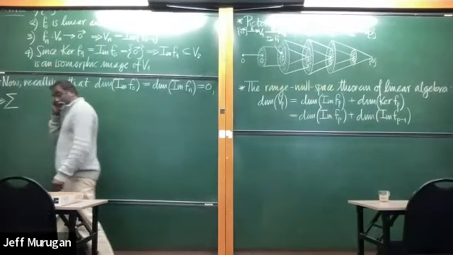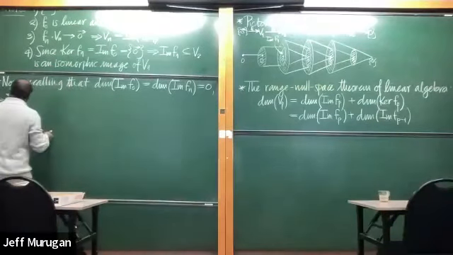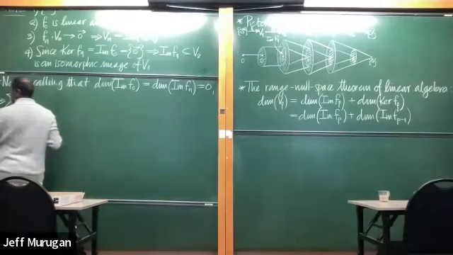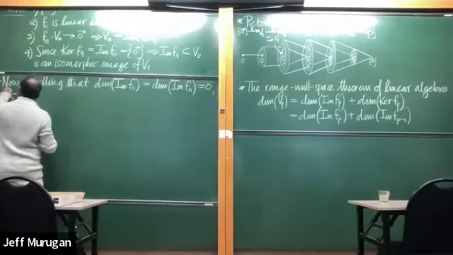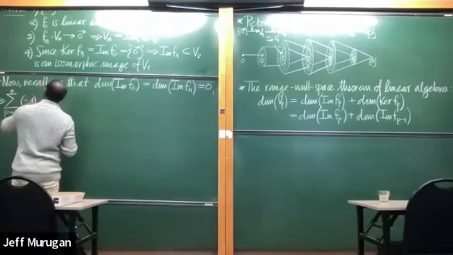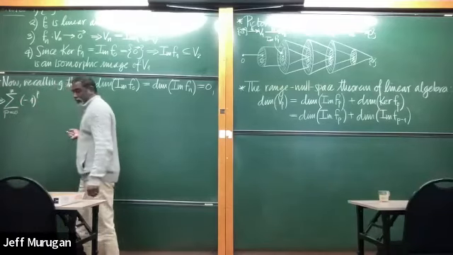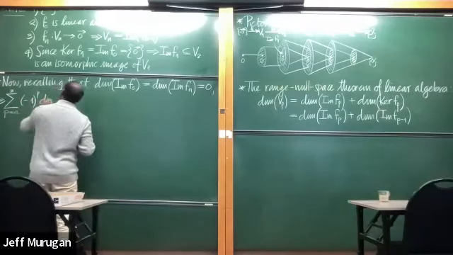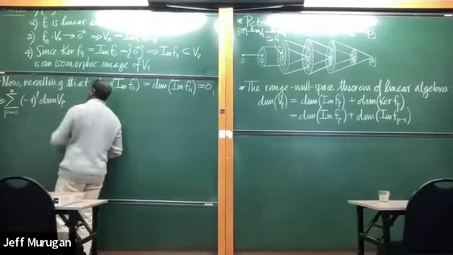Then the telescoping sum from, let's say, p equals naught to n of minus 1 to the p times the dimension of V_p.